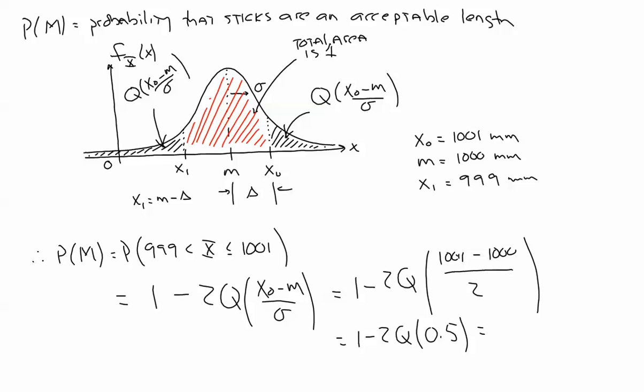You can calculate that, and this is 0.3829 or 38.29%. So interestingly enough, that means that only slightly over 38% of the meter sticks for this particular production line are considered to be acceptable, meaning that they lie between a length of 999 millimeters and 1001 millimeters.